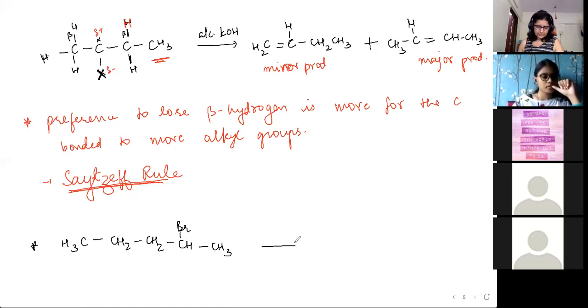Now, in the presence of alcoholic KOH, what product will be formed?